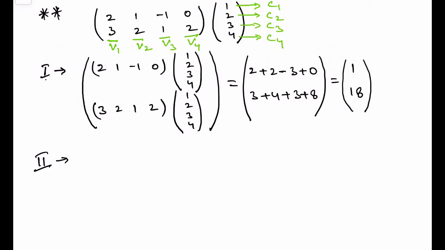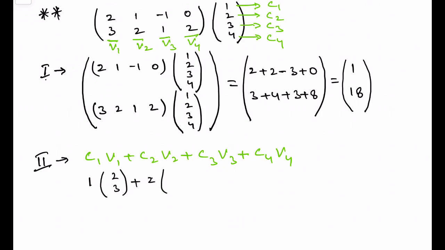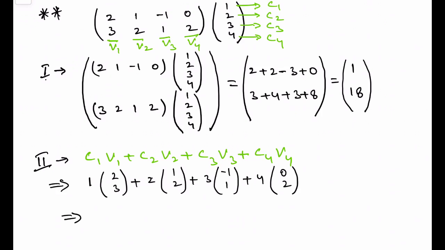So we can write it as c1v1 plus c2v2 plus c3v3 plus c4v4, that is 1 times (2, 3) plus 2 times (1, 2) plus 3 times (minus 1, 1) plus 4 times (0, 2), which will give us (2, 3) plus (2, 4) plus (minus 3, 3) plus (0, 8).